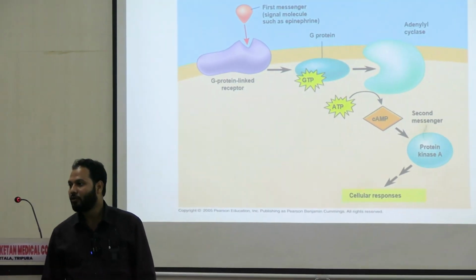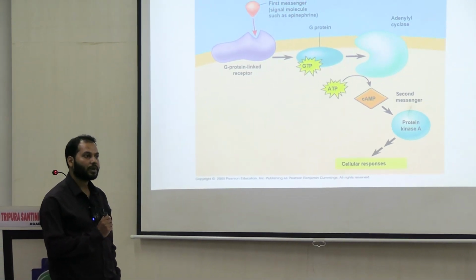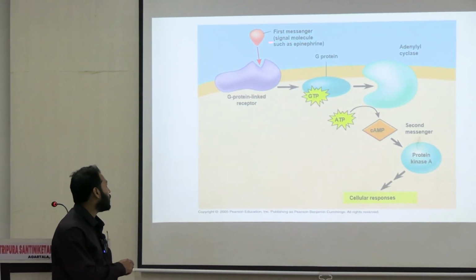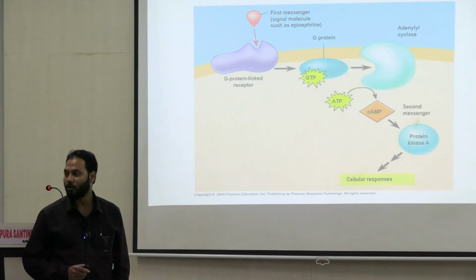So here the second messenger formed by this catalytic reaction is cyclic AMP, right? The first messenger was the signaling molecule. Here it is a hormone like epinephrine.